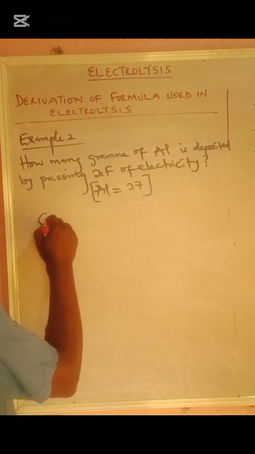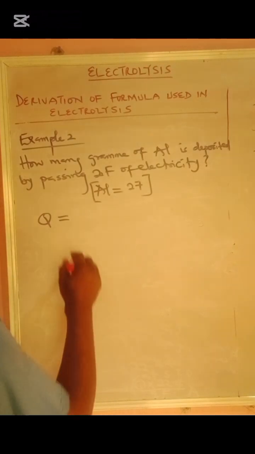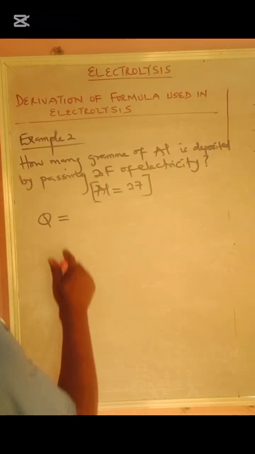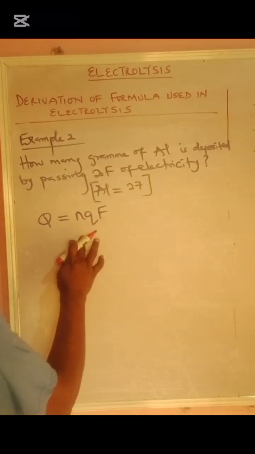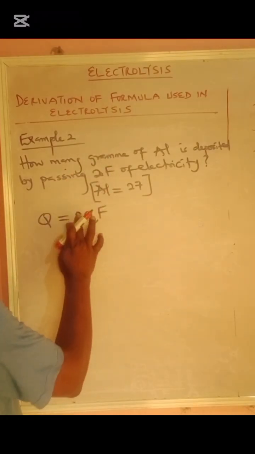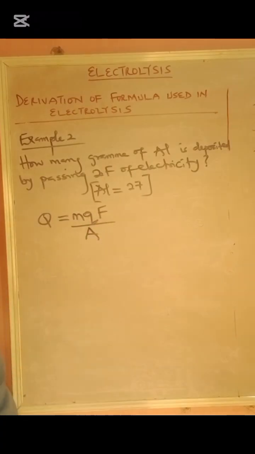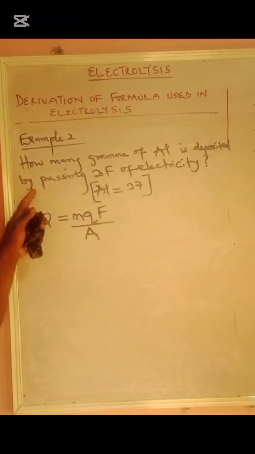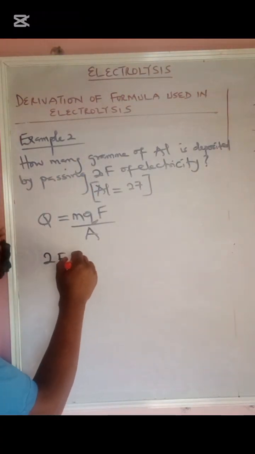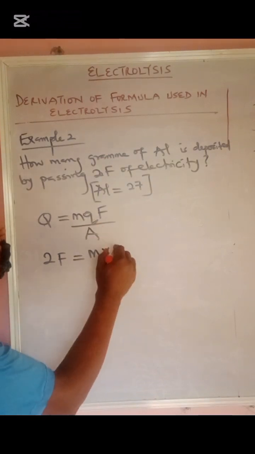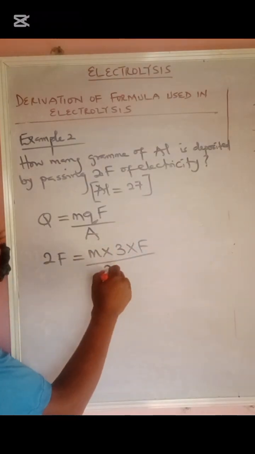If you use the formula again, Q is equal to NQF, in terms of mass, M over A. So Q is equal to 2F, which is equal to M times 3, the aluminium charge, times F, all over 27.